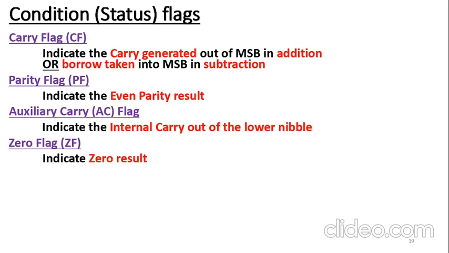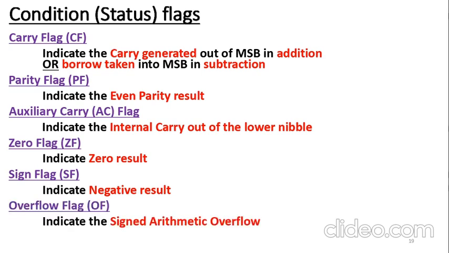So the zero flag is set whenever the result is 0, and reset whenever the result is non-zero. Sign flag, SF. After an arithmetic operation, if the result generated is negative, the sign flag will be set to 1. And if the result generated is positive, the sign flag is reset, so SF is equal to 0 at that time.